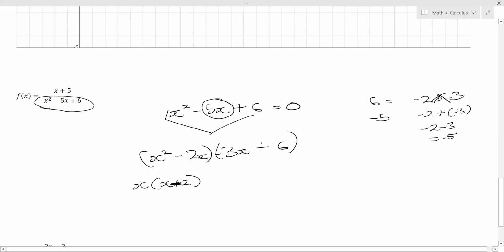And then we have -3 times x minus 2, because -3 times -2 will give you +6, equals 0. So we have x minus 2 bracket x minus 3 equals 0.